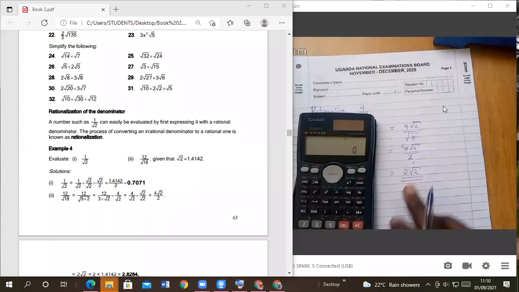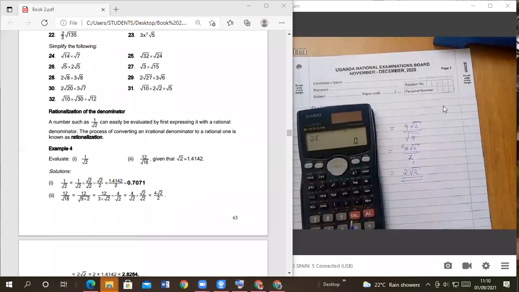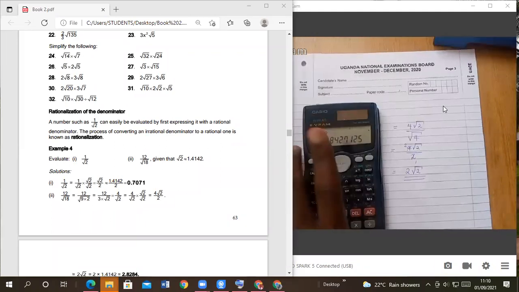Let's see the one that we have rationalized. Now we have 2 times root of 2. Is it different? No, they are the same, right? Yes.